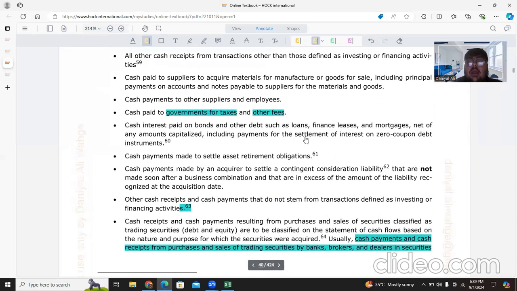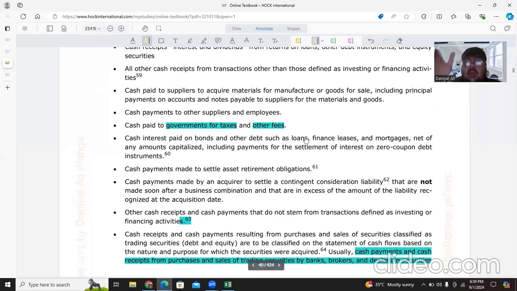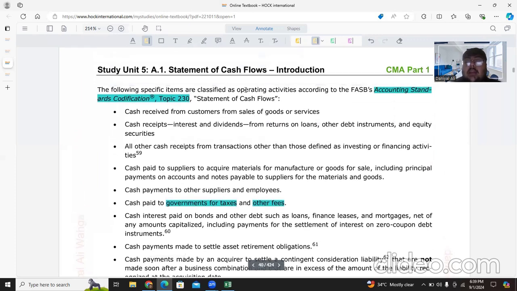Here it has been explained that whether you pay off loans, finance lease interest payments, interest payments on bonds, interest payments on other debts, or interest payments on zero coupon bonds and zero coupon debt instruments, these are part of your operating activities.